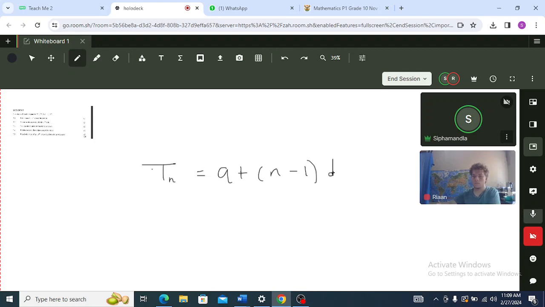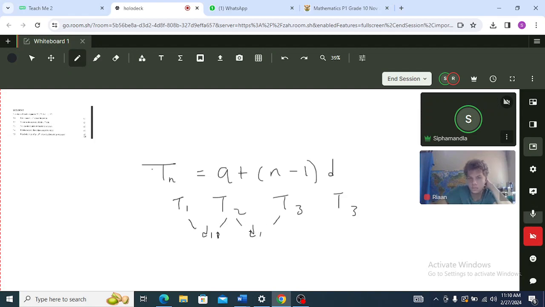Now when you're dealing with the linear pattern, the straight line, you have to know that the first difference is the one that is the same. That's what makes it different from the quadratic number pattern. Now, when I have, for example, T1, T2, T3, T4, the first difference, which is D1 here, is the one that will be the same.